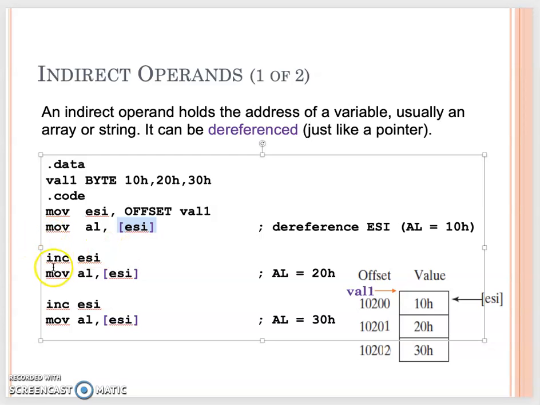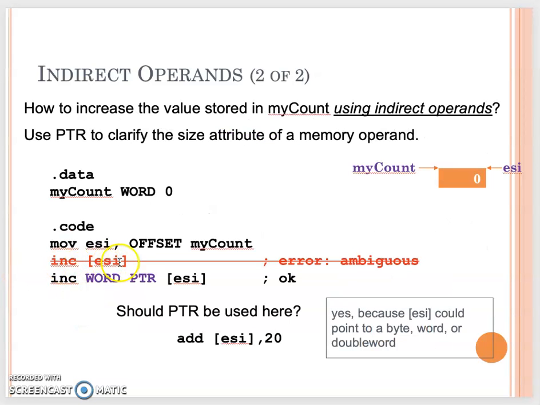So for the move, add or sub instruction, they have the other variable or register that tells the number of bytes to read. But sometimes, like increment, there is only 1 operand. So if you're only using the ESI, it has no idea how many bytes you need to read.